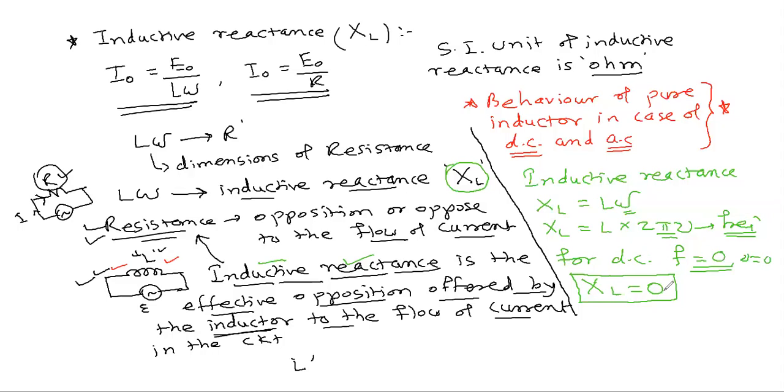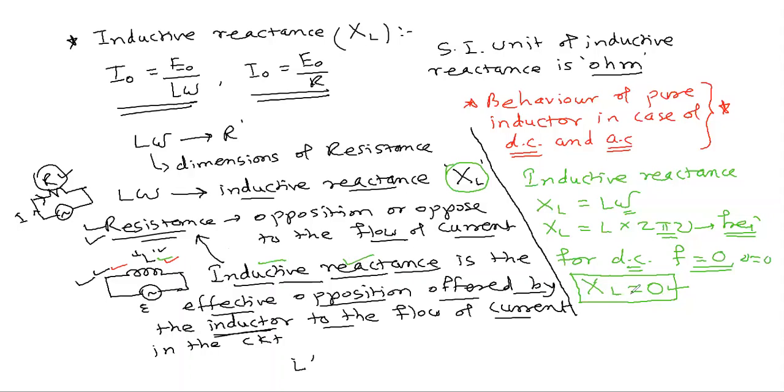As it is 0, we can say the inductor offers no opposition. Since the value is 0, there is no opposition to the flow of current, which means DC can easily flow through the inductor.